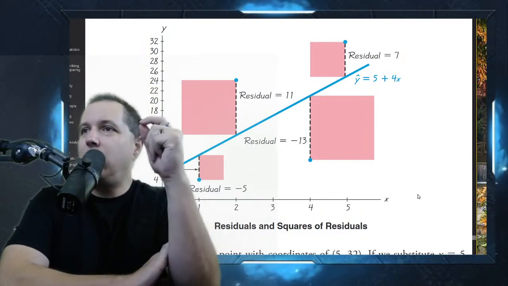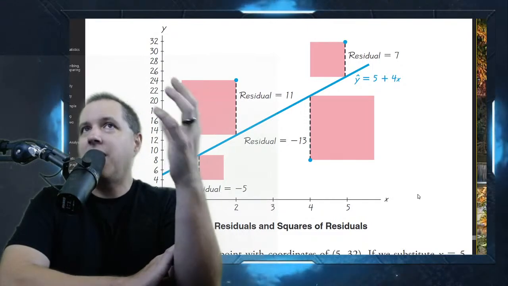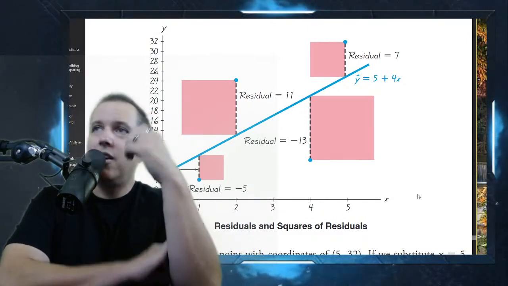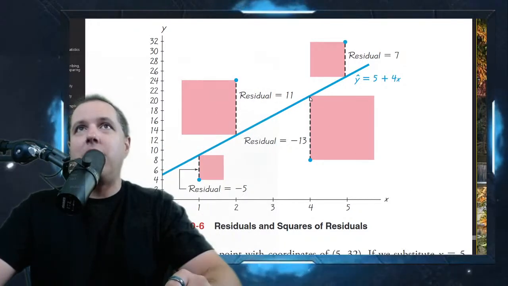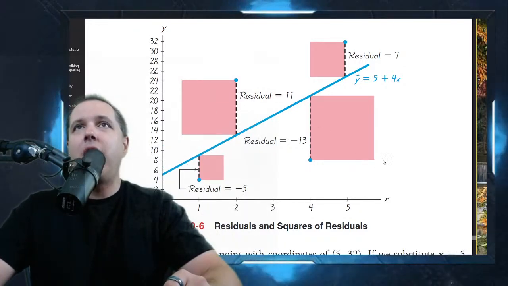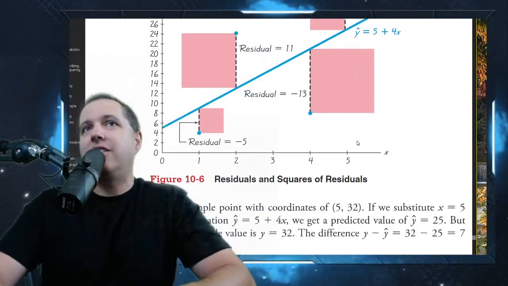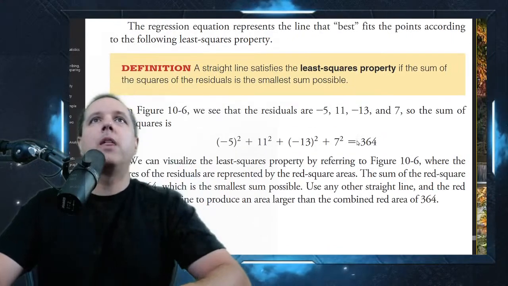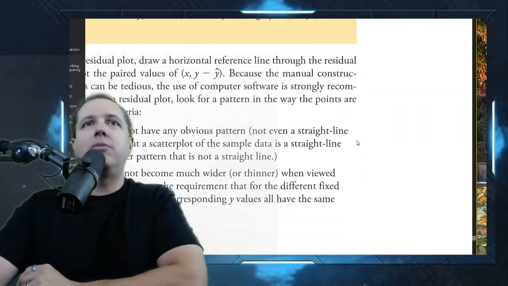That's why they use the square of the residual, because then everything becomes positive and they don't cancel each other out. So when it's called a least squares regression, that's what they're talking about. They take the residual, square it, and then add those together, because if you just add the residuals, they all cancel each other out. Okay. And then they're just kind of getting into how this comes about.